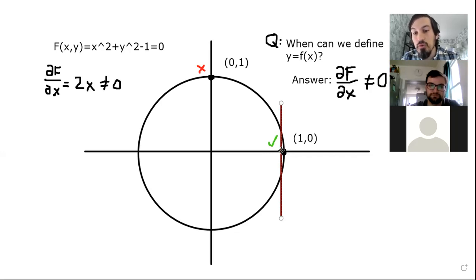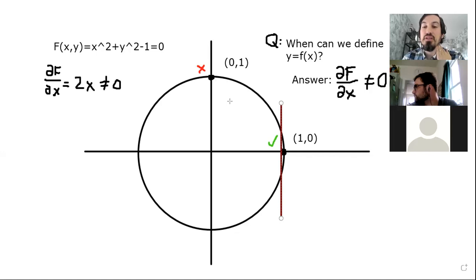I mean, you could define it only going up from the point 1, 0. That would be okay. Or only going down from the point. That would be okay. But that's not a neighborhood. A neighborhood has to include all of the points nearby the point you're talking about. So that's why this is actually an important idea to say. In a neighborhood of 1, 0, there is no explicit function of y as a function.